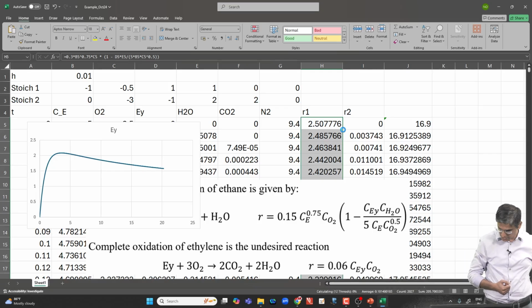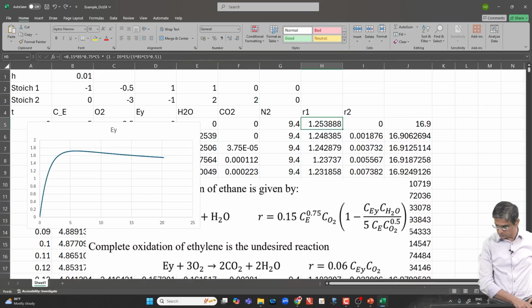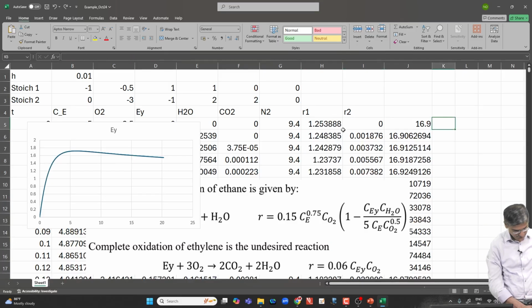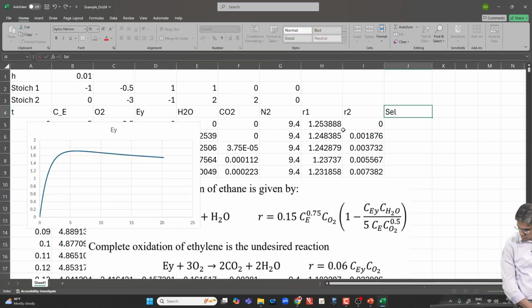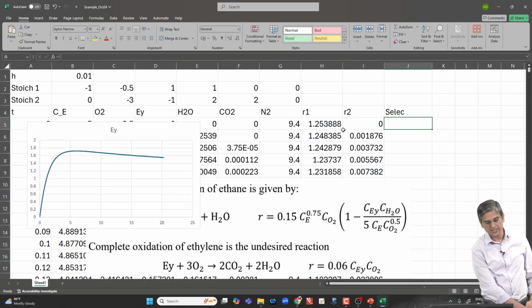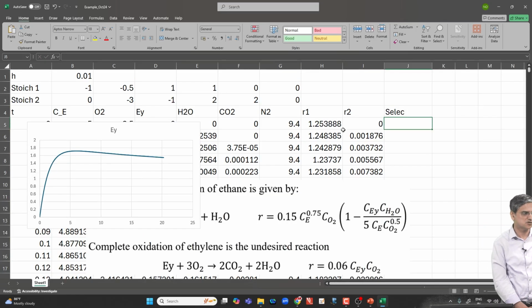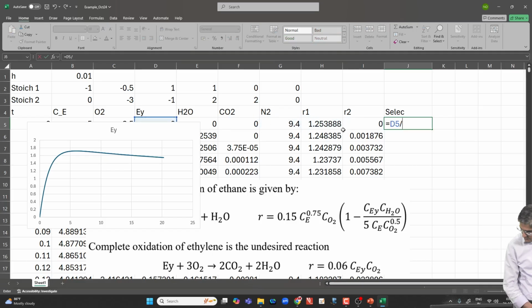If your question is what is the maximum selectivity of ethylene, what is selectivity defined as? Selectivity will be defined as the concentration of ethylene divided by concentration of CO2, or concentration of ethylene divided by ethylene plus CO2.